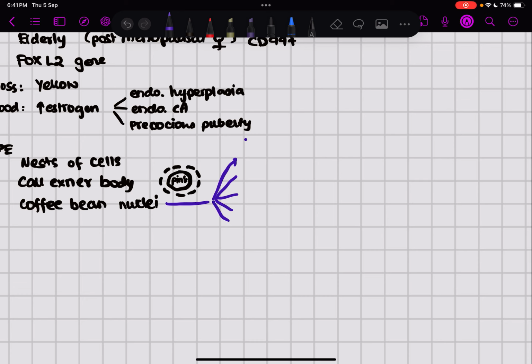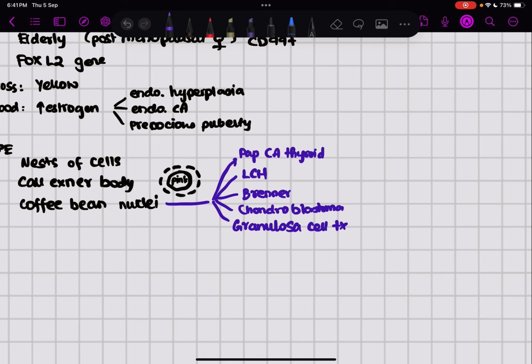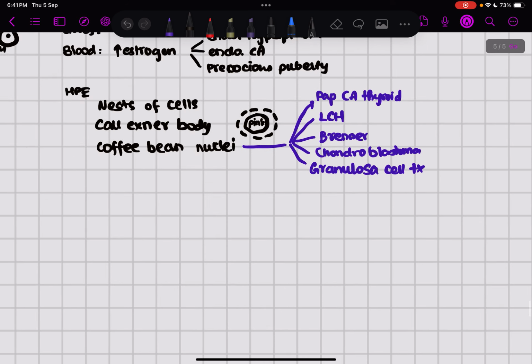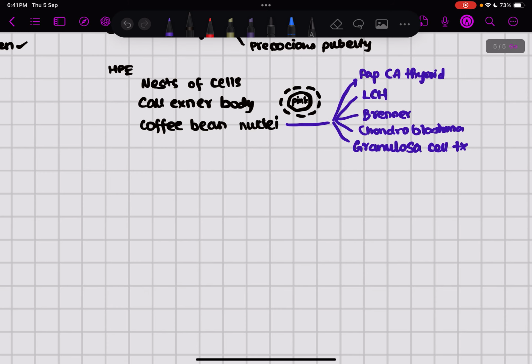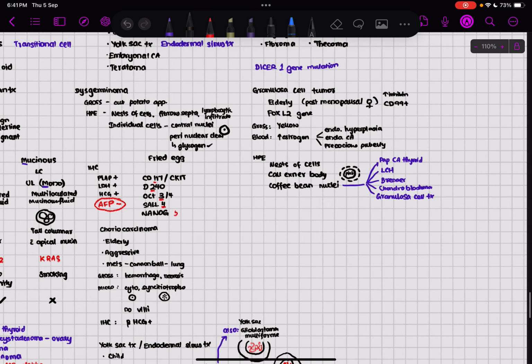They are papillary carcinoma of thyroid, Langerhans cell histiocytosis, Brenner's tumor, chondroblastoma, and granulosa cell tumor. With this, coffee bean nuclei is over, and also the granulosa cell tumor in whole.